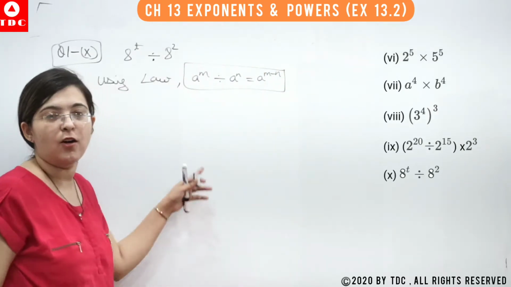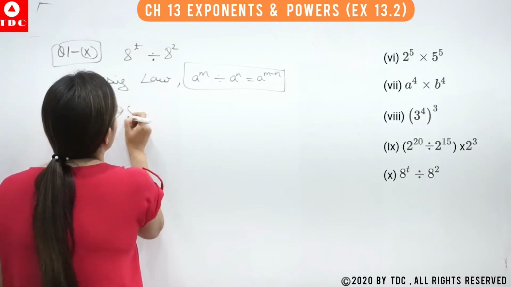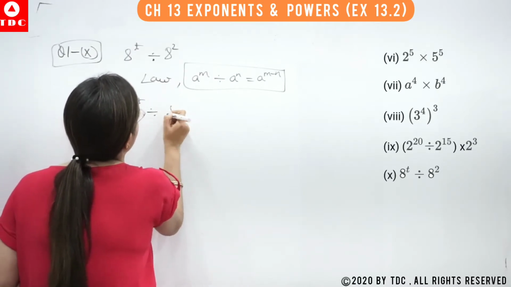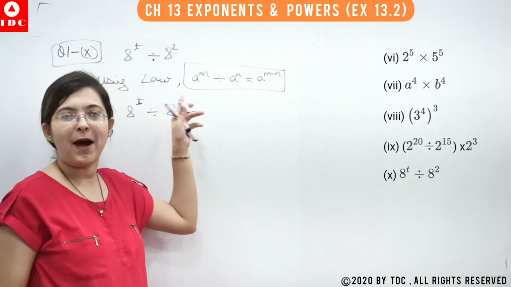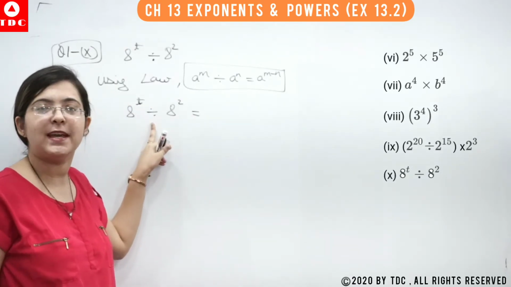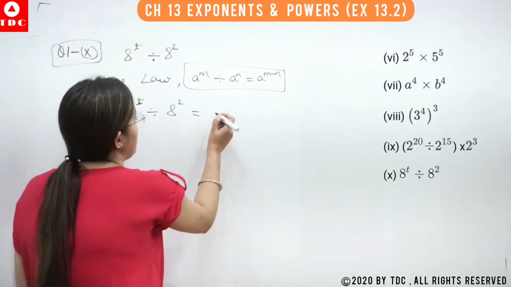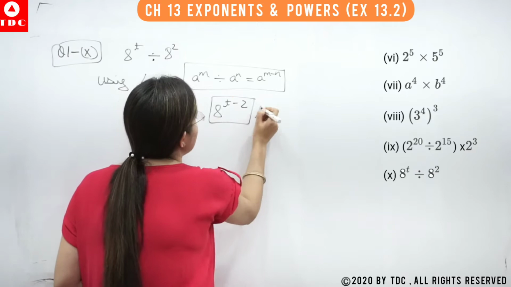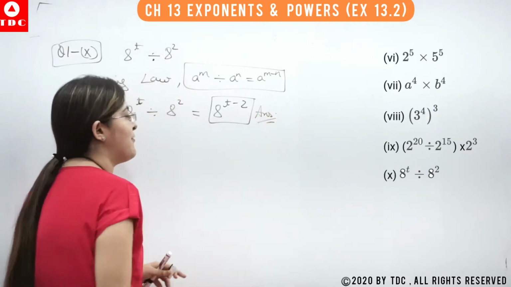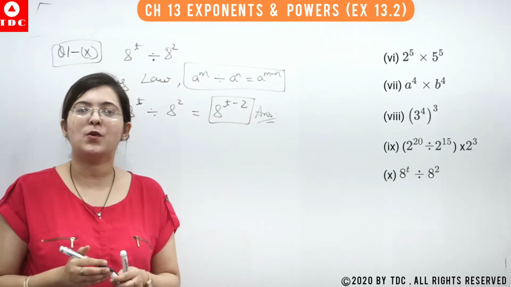This is the law that we will use. So here 8 to the power t divided by 8 to the power 2. The bases are the same, so powers would be subtracted because there is a division sign in between. So what we will get? 8 to the power t minus 2. This is our final answer. This completes your question number 1.